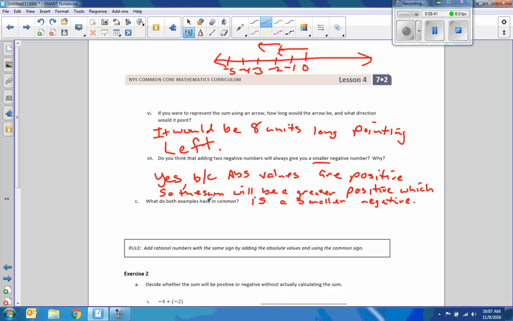What do both examples have in common? Arrow length equals the sum of the 2 numbers.